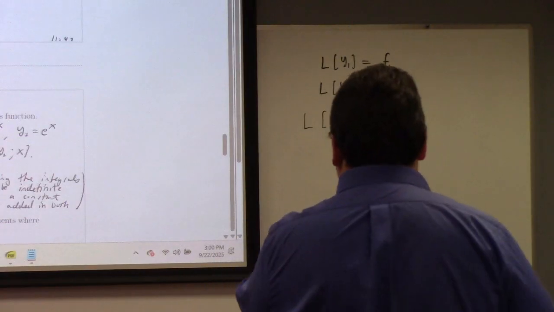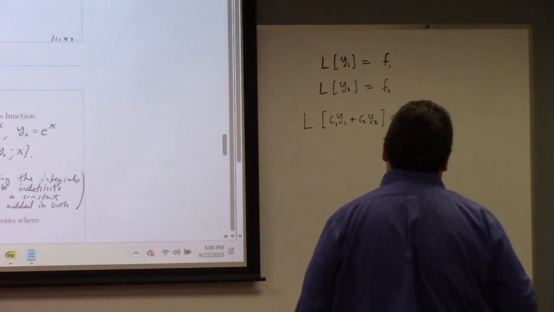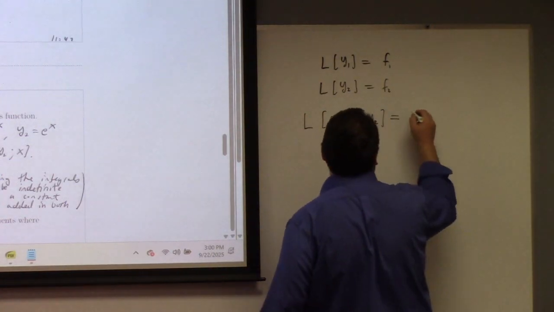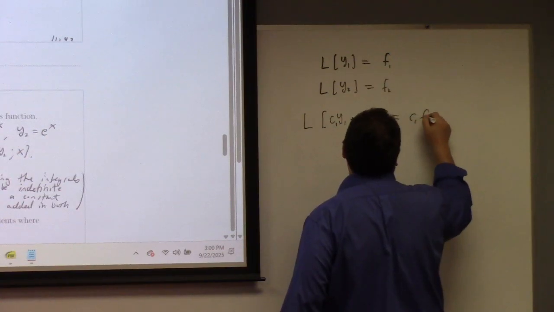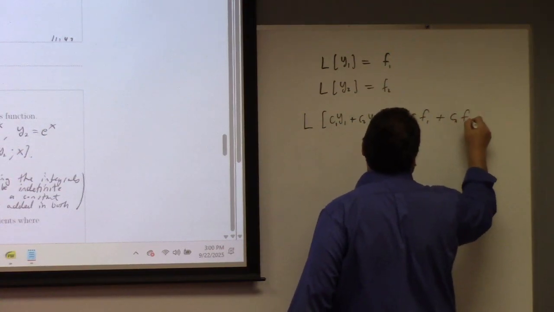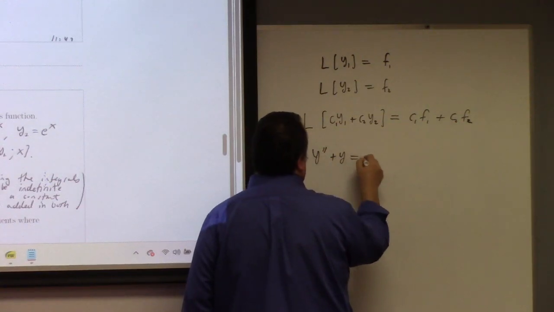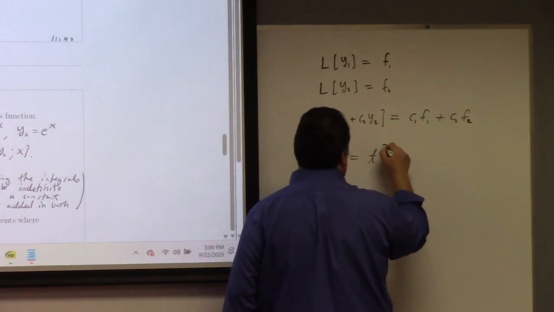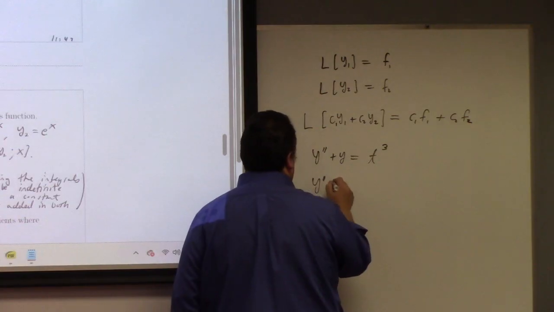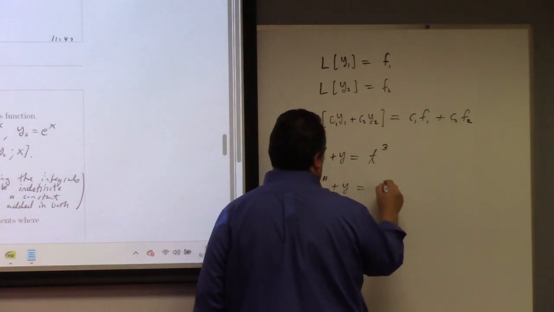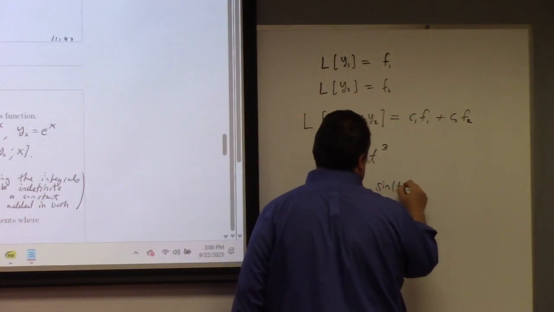So like maybe the first two problems, you're solving it for one f1, solving it for a different f2. For example, you might have y'' + y = t cubed, and y'' + y = sine of t, right?